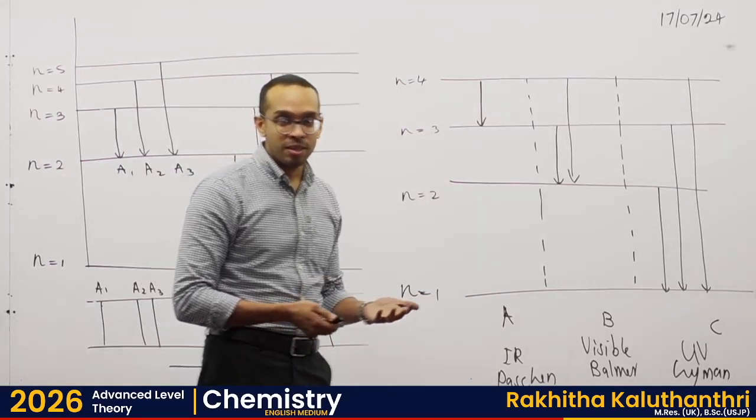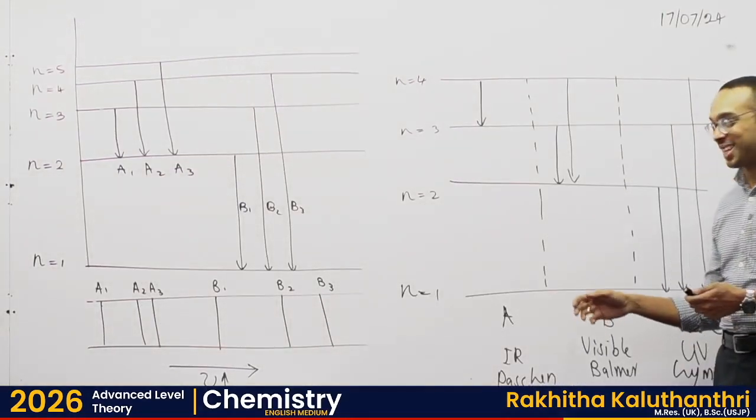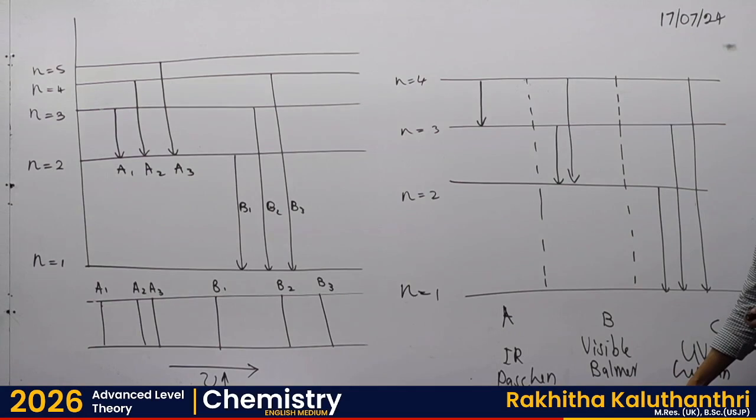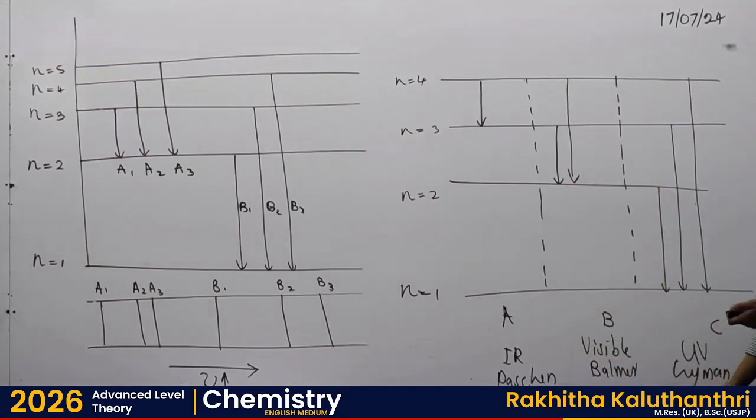Is that clear? Otherwise we don't give them separate names like this. It is the scientists who have actually explained this part of the hydrogen emission spectrum. So therefore, we have named each of these regions of the hydrogen emission spectrum with their names. Okay, is it understood now?